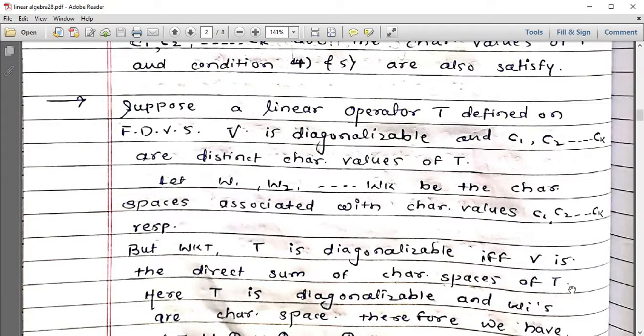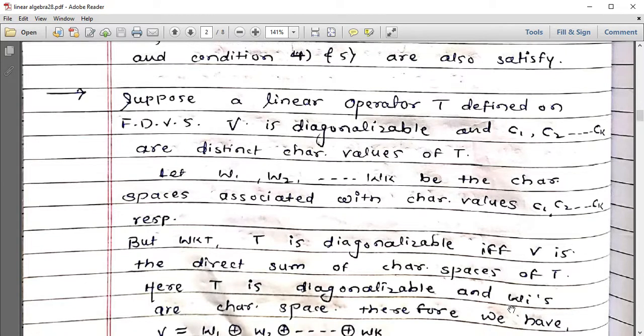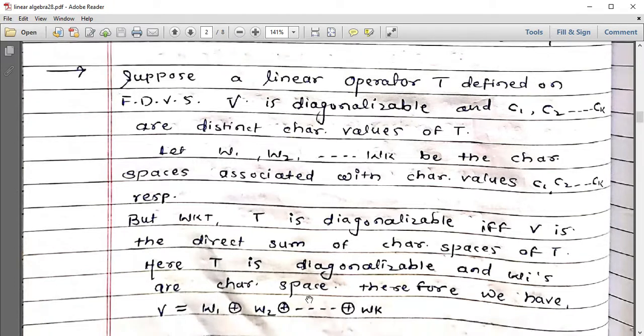characteristic spaces of T. In the definition of direct sum, we saw the three remarks. By those remarks, T is diagonalizable if and only if V is the direct sum of characteristic spaces of T. Here T is diagonalizable, as we are assuming, and Wi are the characteristic spaces.